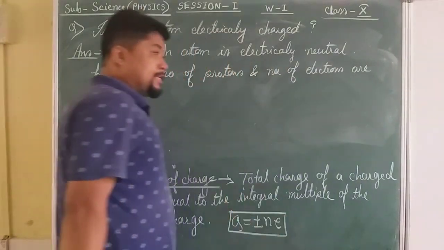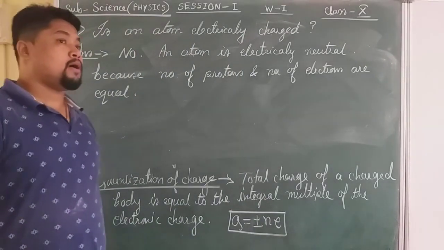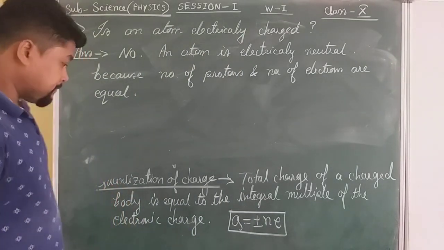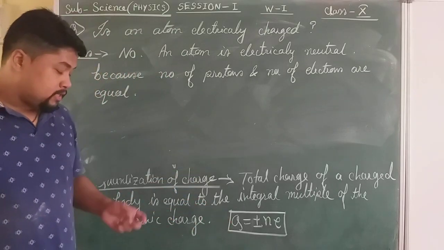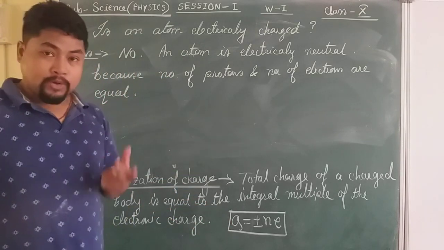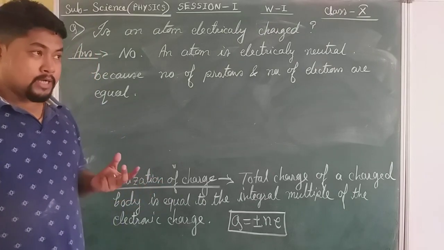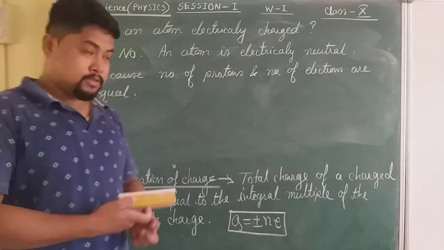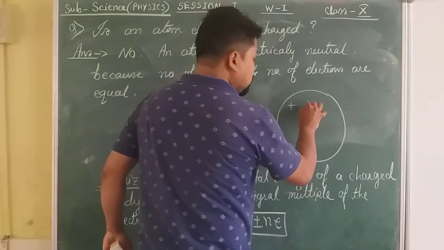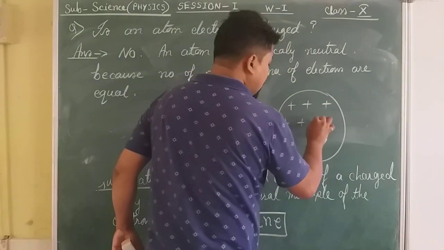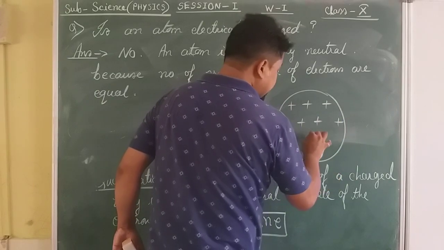Our next question is from this equation. Suppose we have a charged body that contains 10 positive charges, 1, 2, 3, 4, 5, 6, 7, 8, 9, 10.